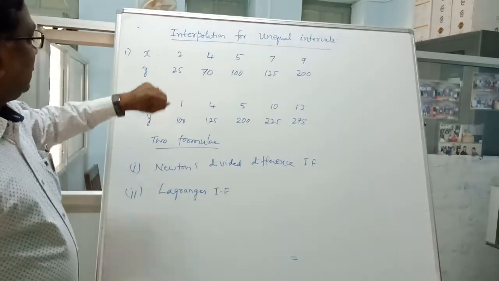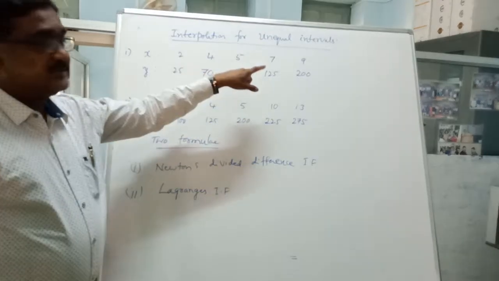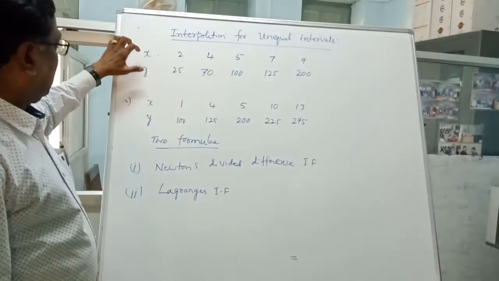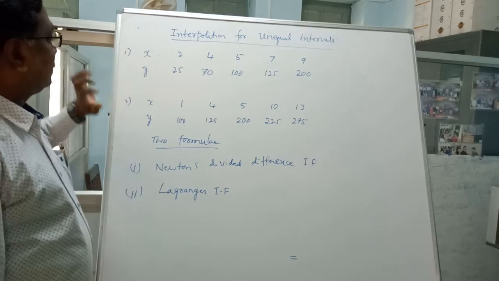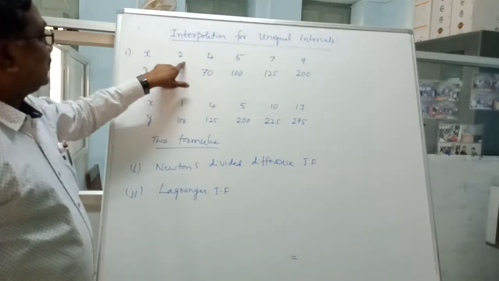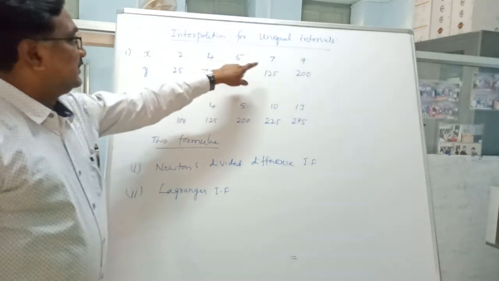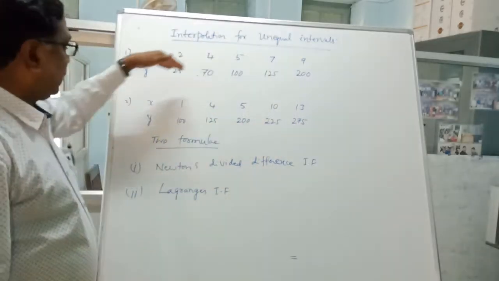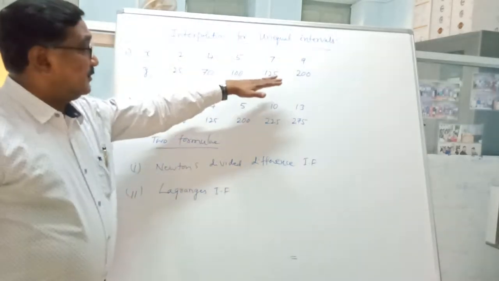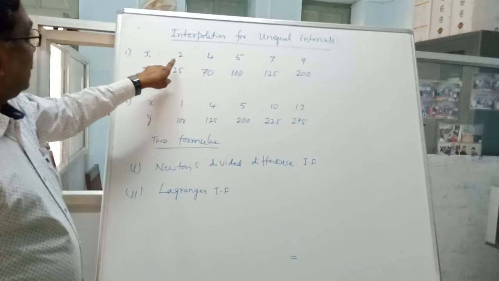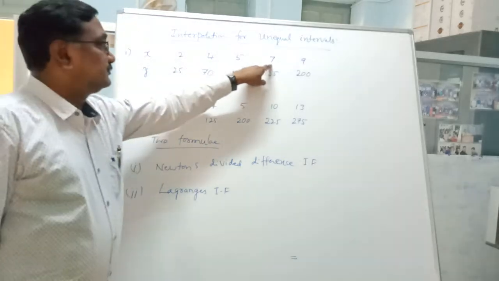First let us see what is the meaning of unequal intervals. Here the values of x and y are given this way. The values of x are 2, 4, 6, 7, 9. Then the corresponding values of y are given. First we have to observe the values of x.